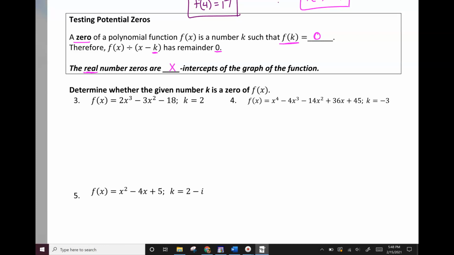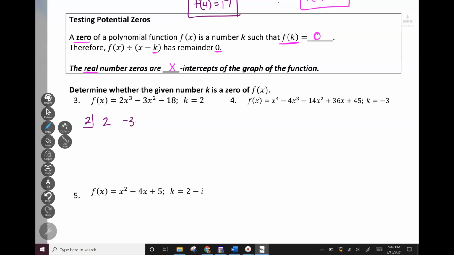Determine whether the given number k is a 0 of f of x. So we're going to divide by x minus 2. So we're putting our 2 in the box, listing out our coefficients, inserting a 0 for that missing x term. Okay. Bring down the 2, multiply, add, multiply, add, multiply, add.